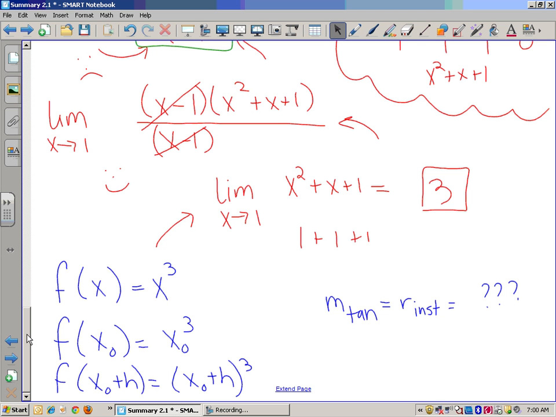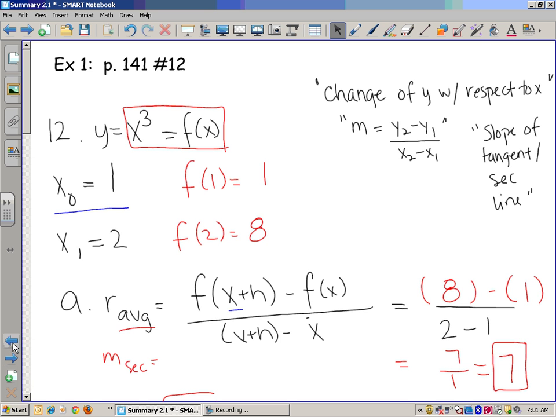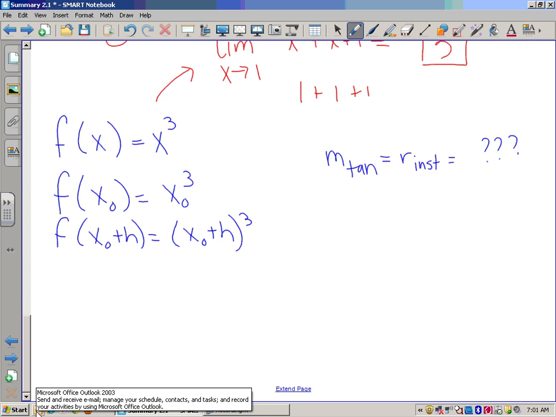Now, part D does require a little bit of understanding because it says the average rate of change in part A is the slope of a certain secant line. The instantaneous is the slope of a certain tangent line. Sketch those. Okay, so here's, oh, my bad, I need to scroll down. So here's what I want you to see. Remember, we were doing x cubed, so that looks like this. y equals x cubed.